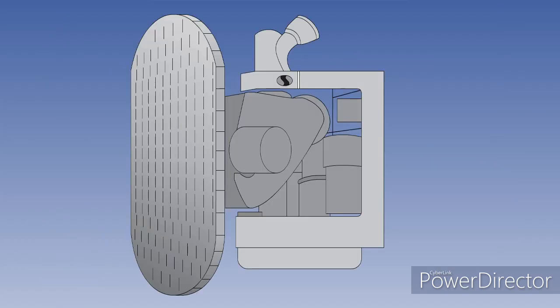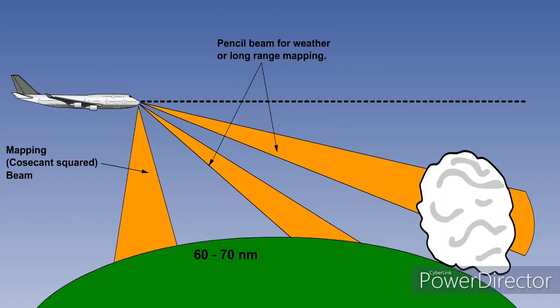The radar beam is produced by a suitable antenna, usually a phased slot flat plate antenna. In older equipment, two types of beam are produced. The conical or pencil-shaped beam is used for weather and long-range terrain mapping, whilst the cosecant squared or fan-shaped beam is used for short-range terrain mapping. That is, out to 60 to 70 nautical miles.